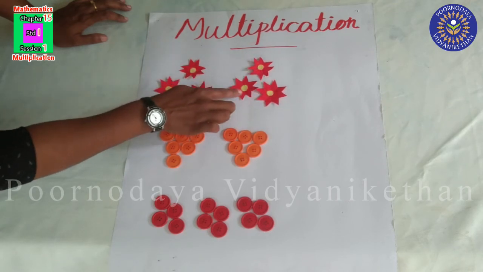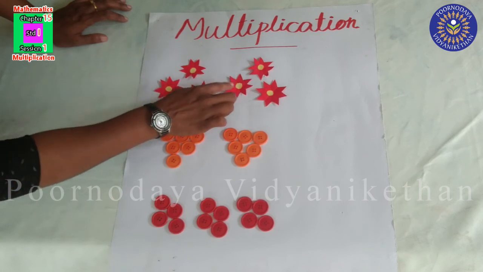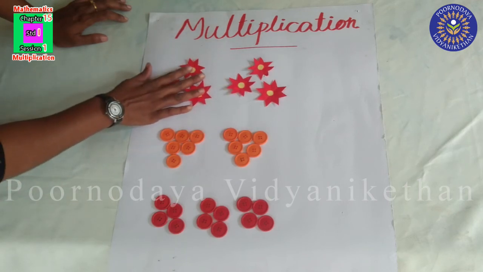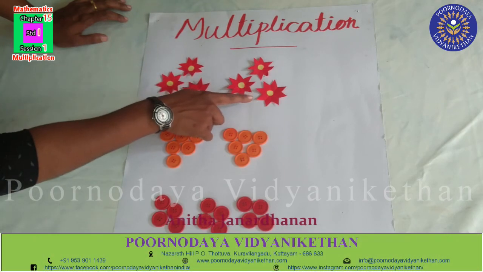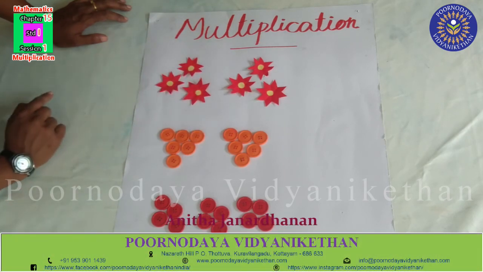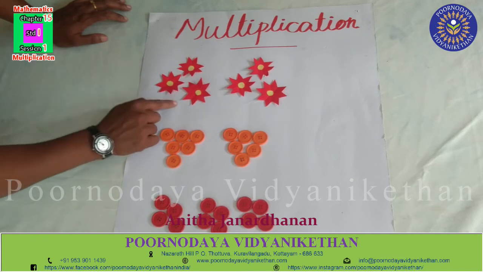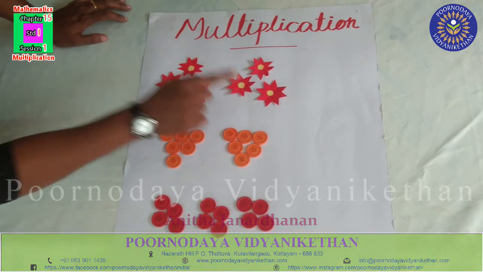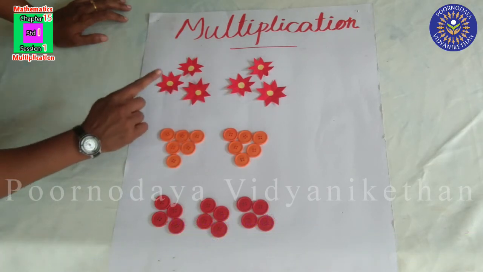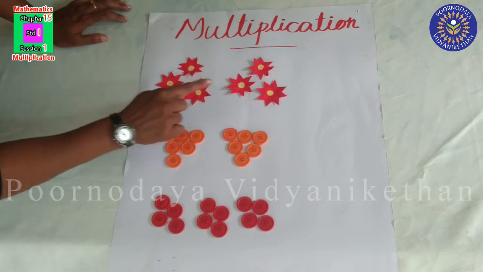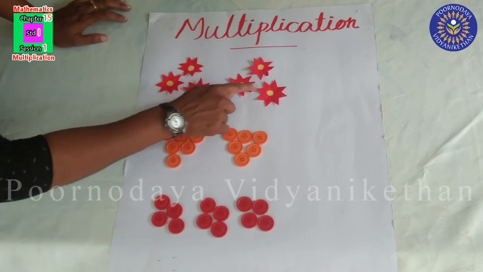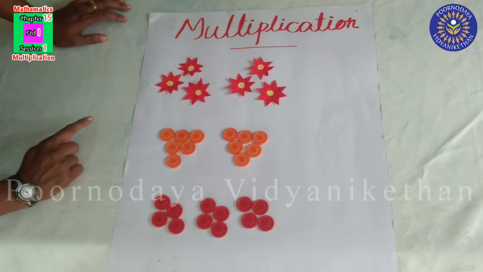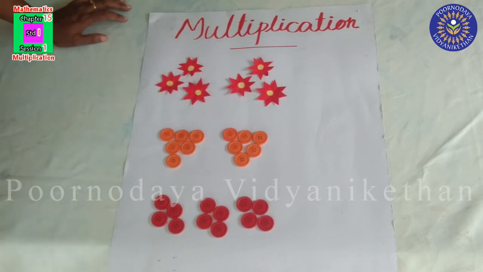That means 2 groups of 3 flowers. So, how many flowers are there altogether? 1, 2, 3, 4, 5, 6. Altogether 6 flowers.